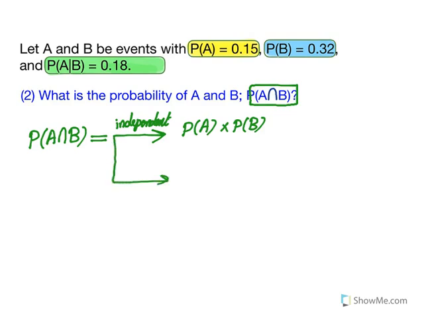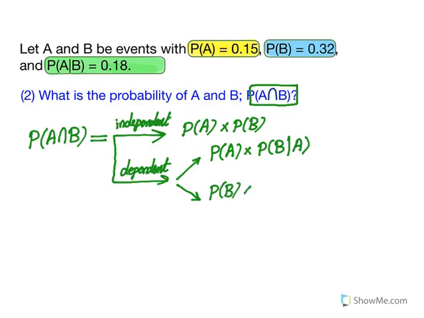But if they are dependent or not independent, then you can use one of two rules, because it doesn't matter which one you use. You can say this is the probability of A times the probability of B given that A happened, or the probability of B times the probability of A given that B happened.